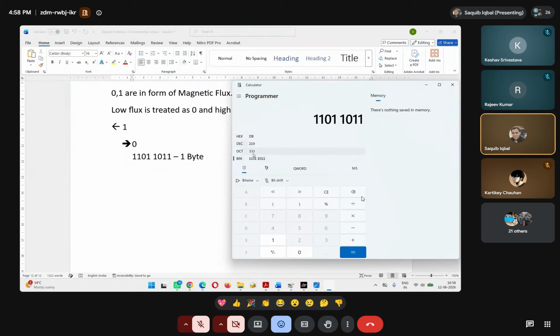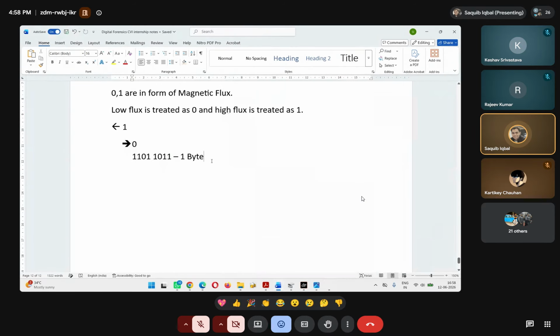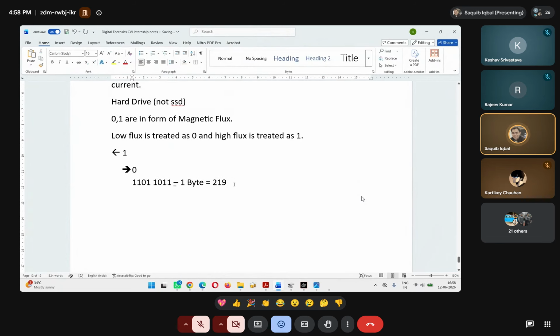In binary you have the conversion of two, so the actual data is 219. When 219 is written on your hard drive, this number is converted into this binary pattern, and then this pattern is converted into flux.